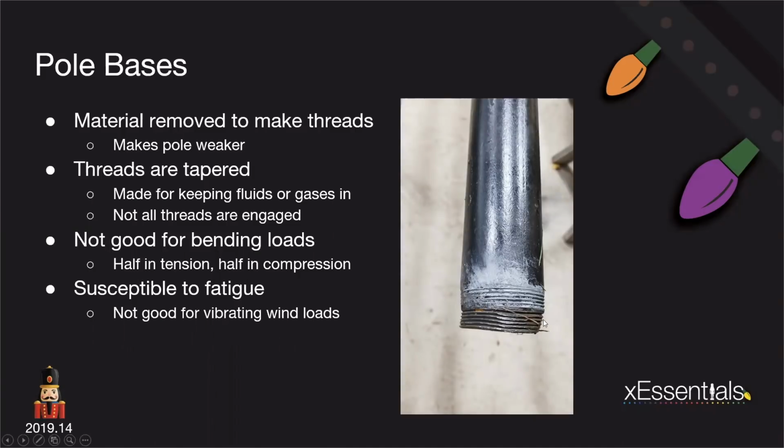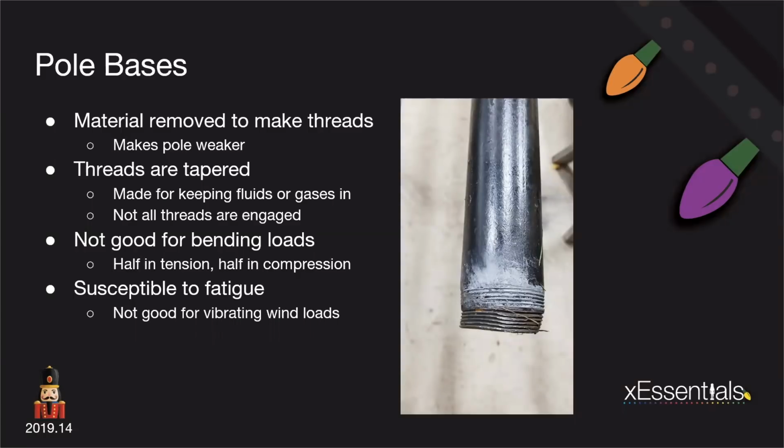The threads over on this side expanded a little bit. These took some damage because they were probably somewhere in the middle. You're putting a lot of bending on these threads that weren't meant to take that. It's not a good detail for putting a lot of loads on. So if you have a threaded connection at the bottom, I really recommend that you put guy wires at the top to try to minimize some of the load at that screw-in connection at the bottom.